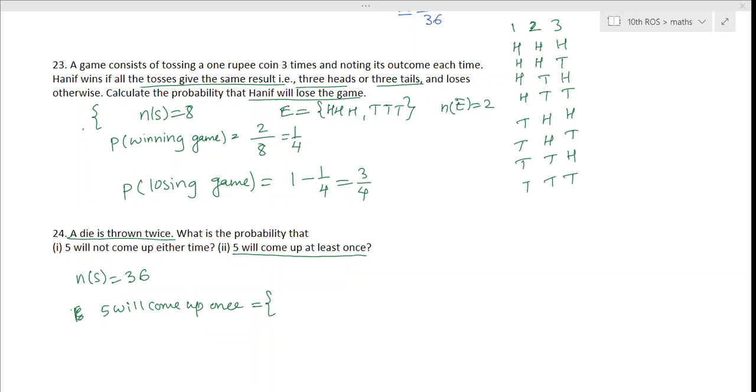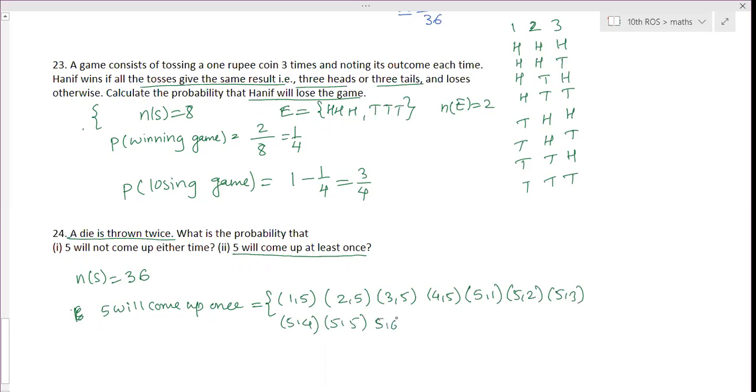Start from the first line, sequence by sequence, so that you do not miss any of them. 1,5; 2,5; 3,5; 4,5; 5,5; and then the last one, 6,5.